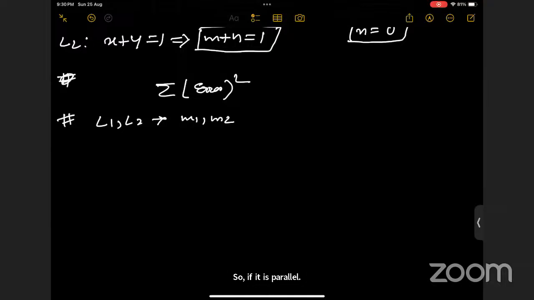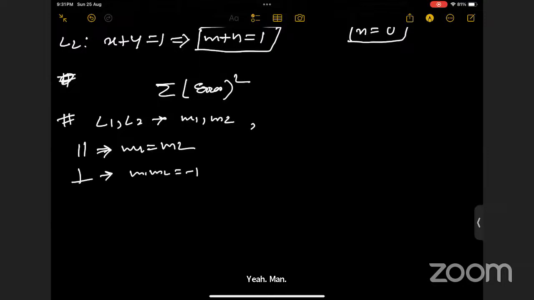If the lines are parallel, the slopes are equal. If the lines are perpendicular, then the multiplication of the slopes is -1. There was also a general formula using M1 and M2 with tan theta.